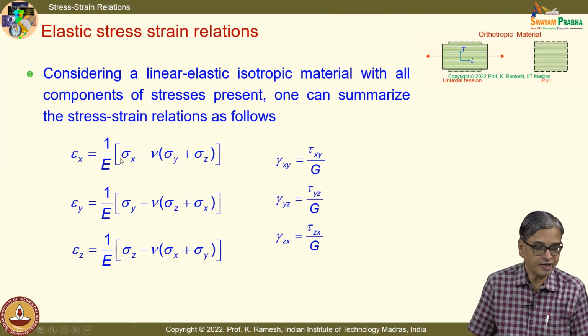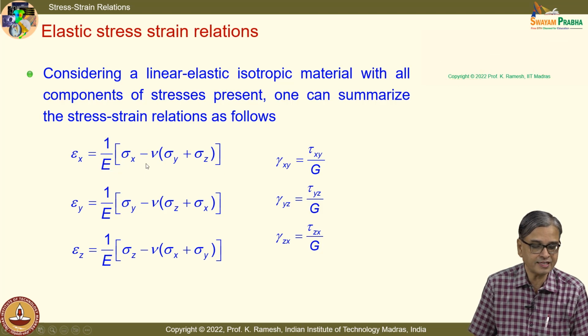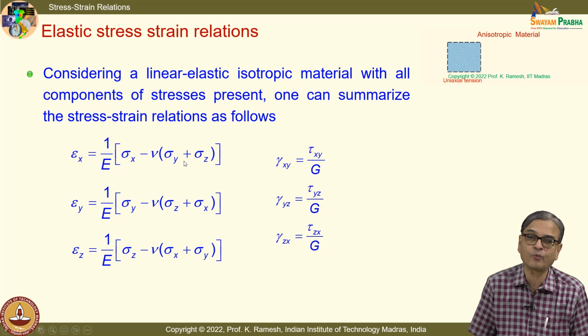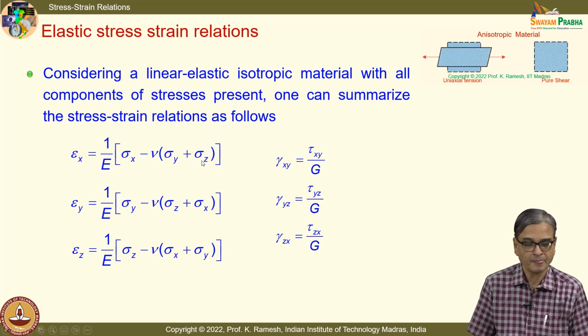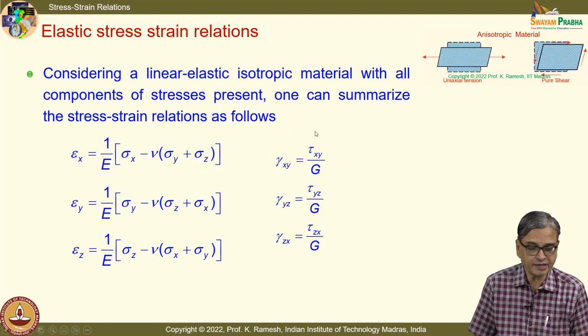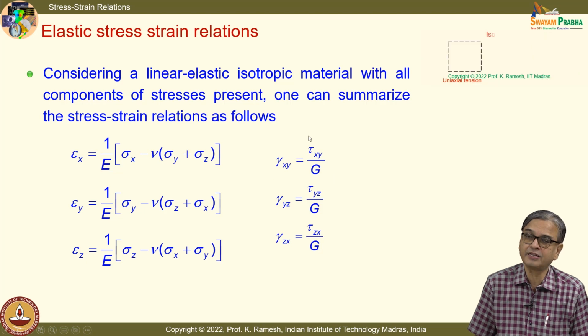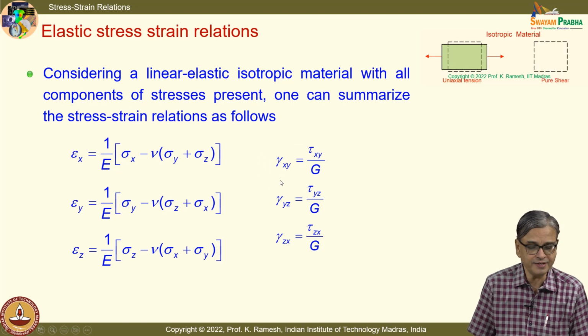In general, it will have an expression like this: epsilon x equal to 1 by E multiplied by sigma x minus nu times sigma y plus sigma z. And when you look at the relationship between the shear strain and the shear stress, traditionally it is reported with respect to gamma xy.